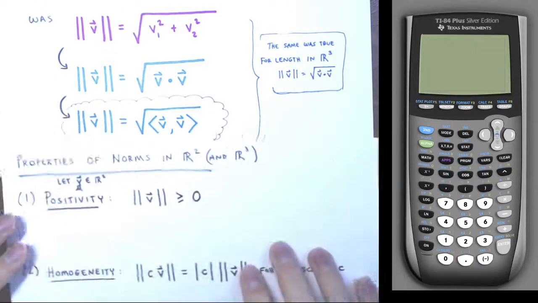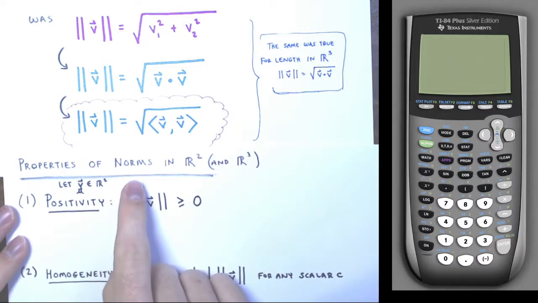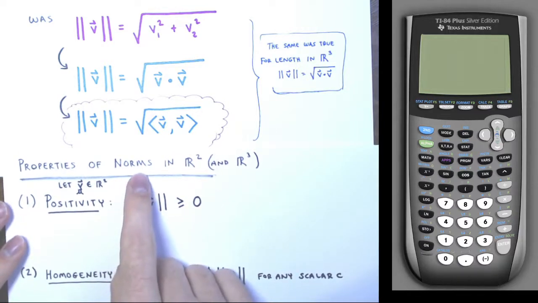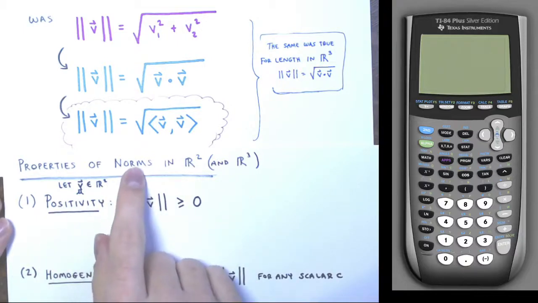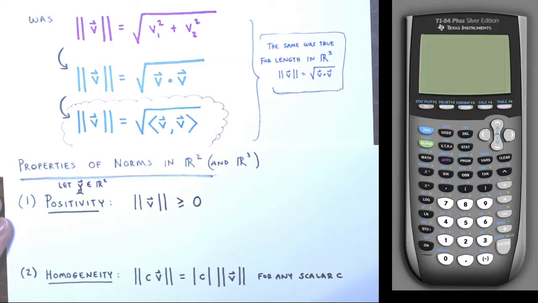Some properties of norms, or properties of magnitudes, lengths in R2 and R3. This would hold in really any Euclidean space. And really what we're going to see later is that these properties will hold for norms on any inner product space. But for right now we're sticking to R2.